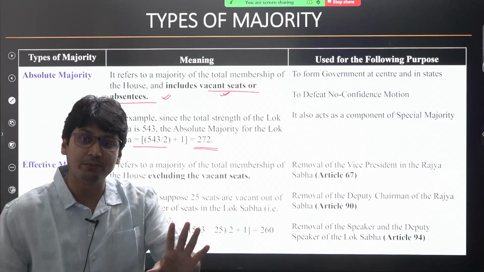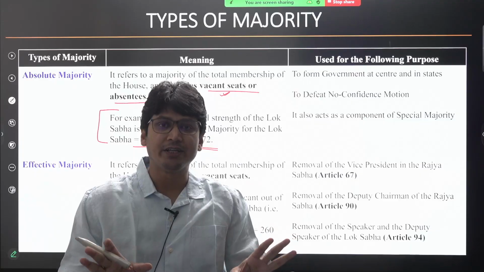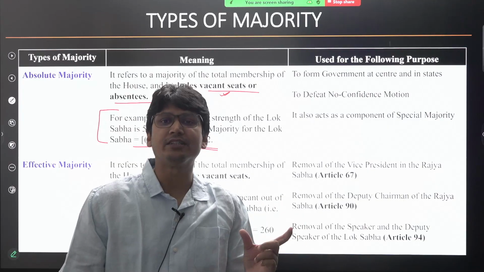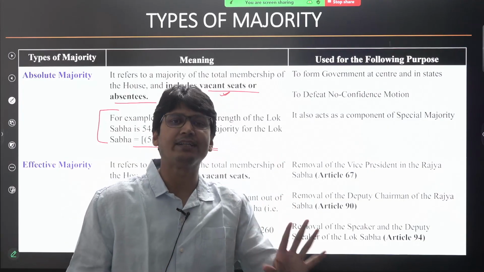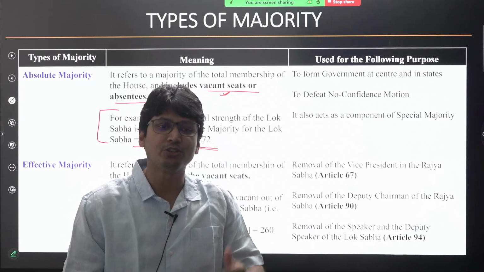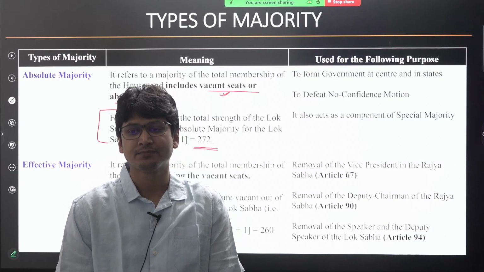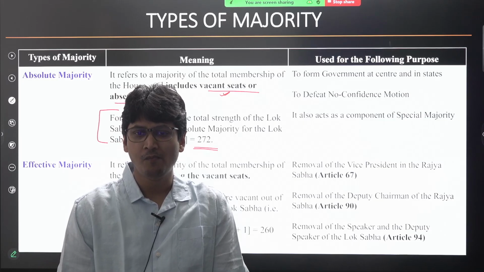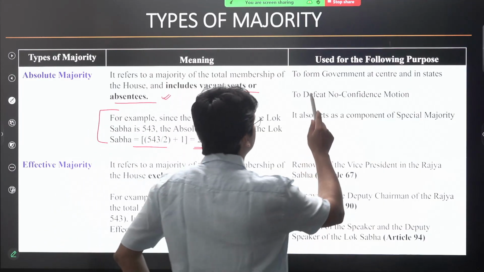This question can come anytime in your prelims: for formation of government after the general election, what type of majority is required? Most people will make a mistake and end up writing simple majority. It's not simple majority, it's absolute majority. And what are the various examples?